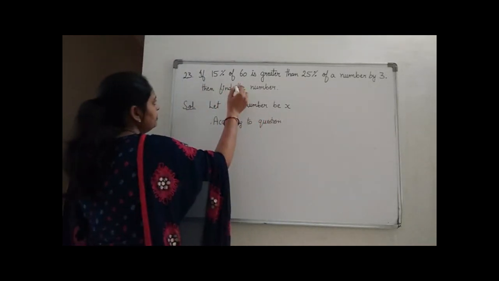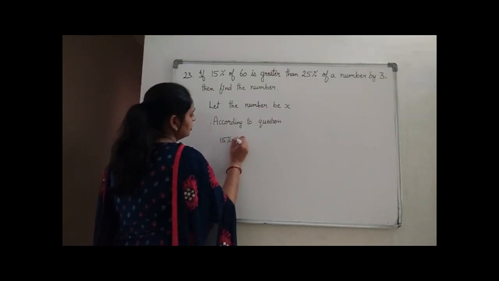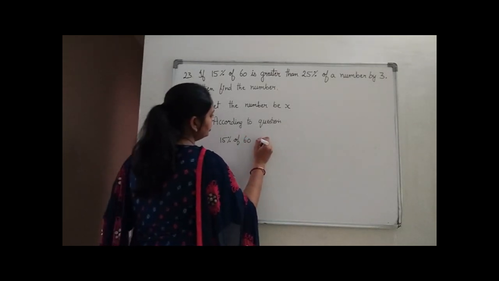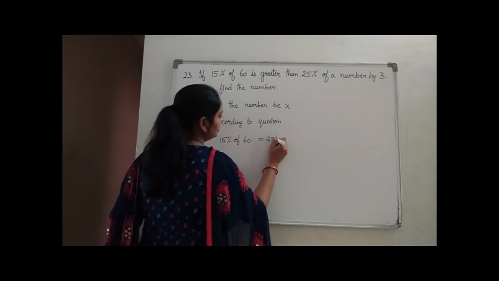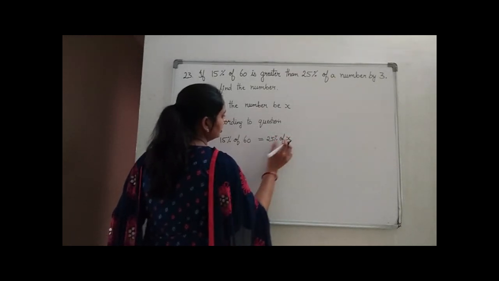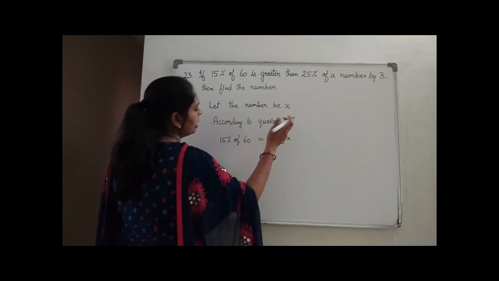Question is saying if 15% of 60 is greater than 25% of a number, so 25% of x. This number is greater than 25% of x by 3.